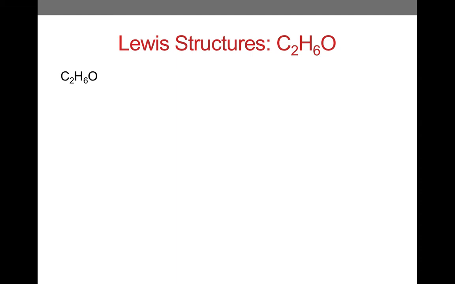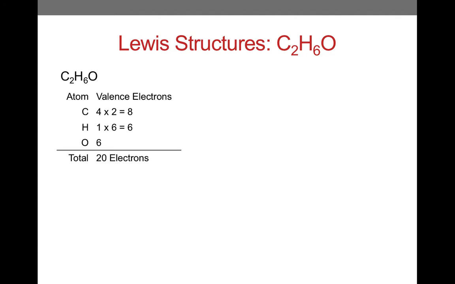Let's do C2H6O. Start out with the table so we know how many electrons we have to work with. As normally, we start with all non-hydrogen atoms, so we have 2 carbons and an oxygen, which looks like this. Then, fill the octets with hydrogens and lone pairs.